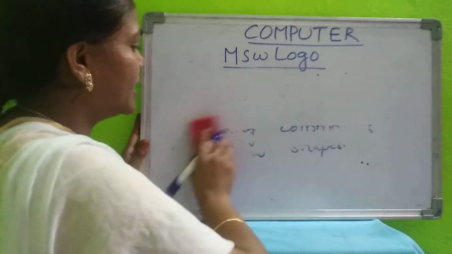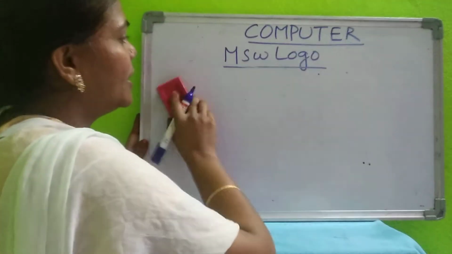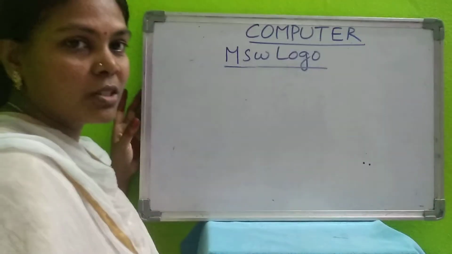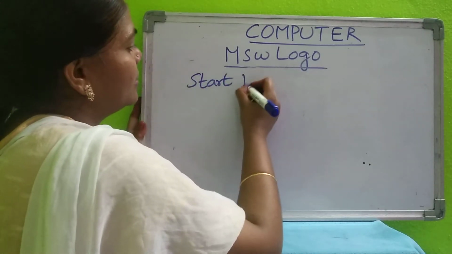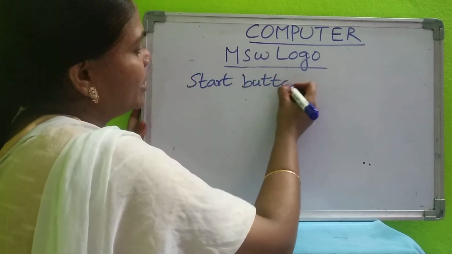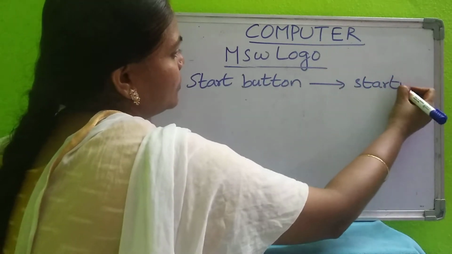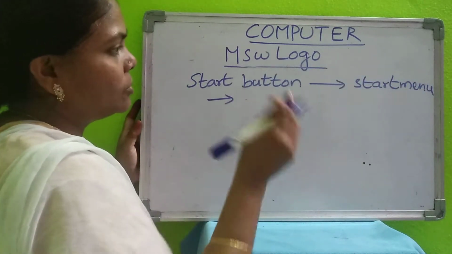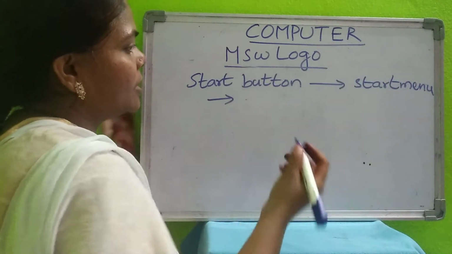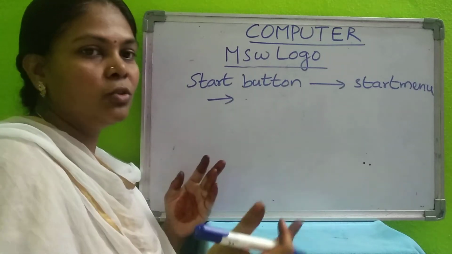If it is on your desktop, you can click and open it. Otherwise, we have to start at the start button and open the start menu. Whenever you install this application, you save it in some drive, and from there you have to open.